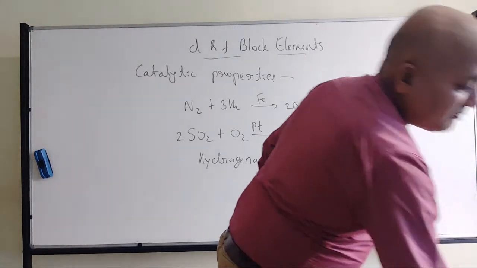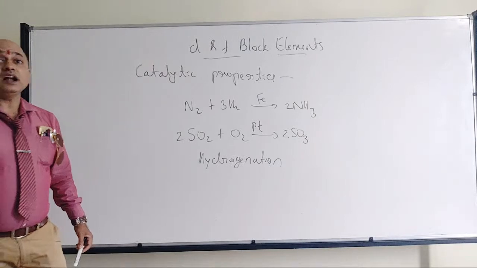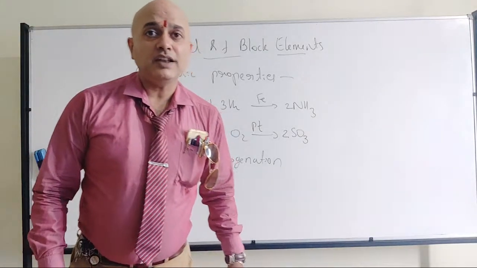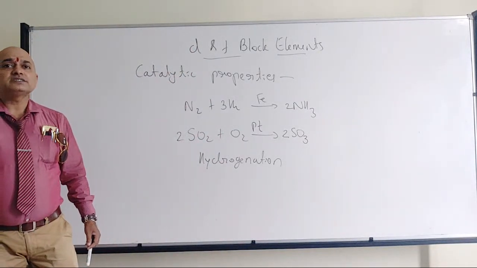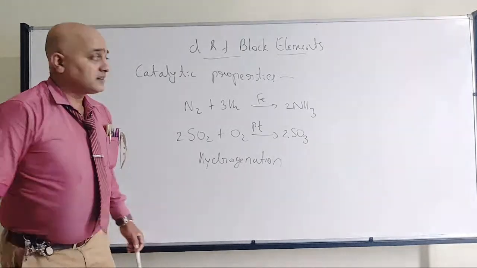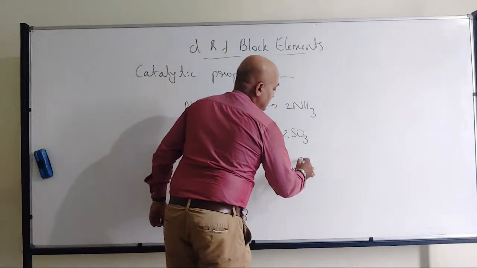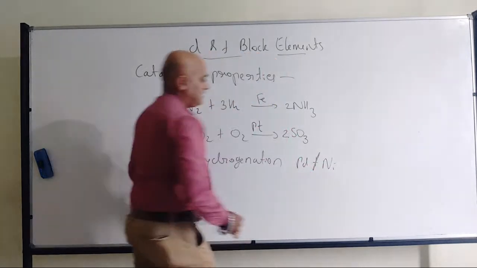It happens in the preparation of vanaspati, dalda, which people use, right? Not at home, but outside in hotels and so on. At home, no mother will prefer vanaspati because it's not good for health, right? That's where in hydrogenation, palladium or nickel catalyst is used.